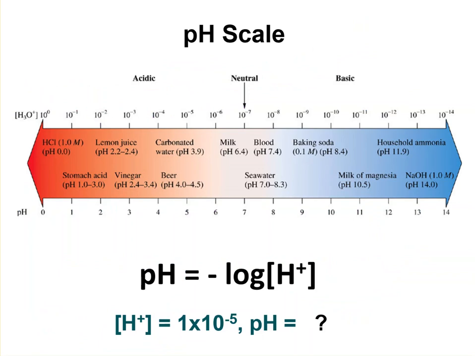This is just the pH scale showing neutral, acidic below, basic above. And I just wanted to show you kind of a shortcut and something to watch for. This is a logarithmic scale, and so it has to do with the exponent of the hydrogen ion concentration.